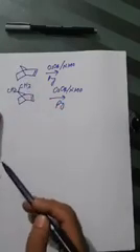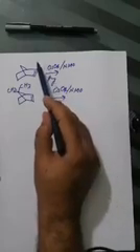Remember, in the norbornene structure, the groups at this 7th carbon will decide whether the dihydroxylation would occur from the exo side or from the endo side.